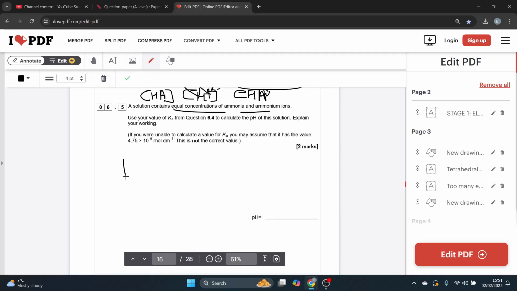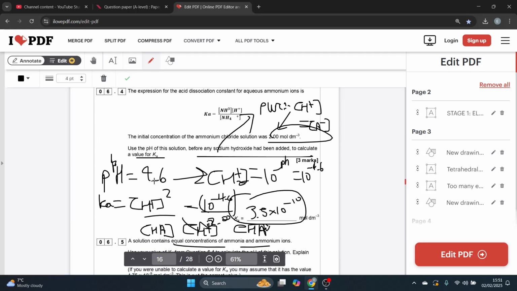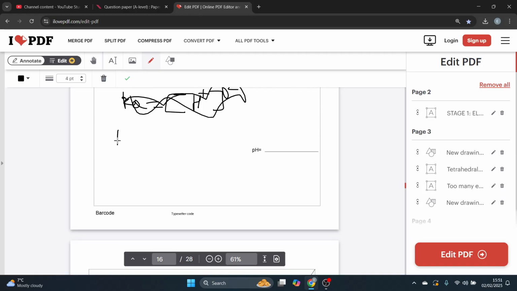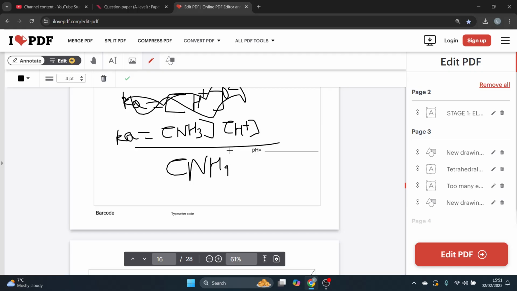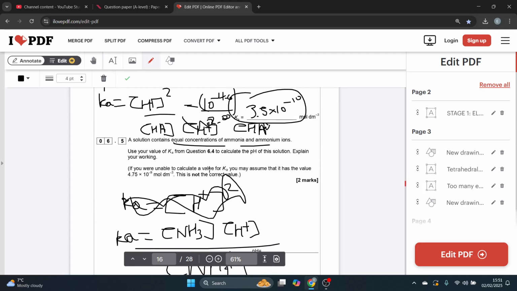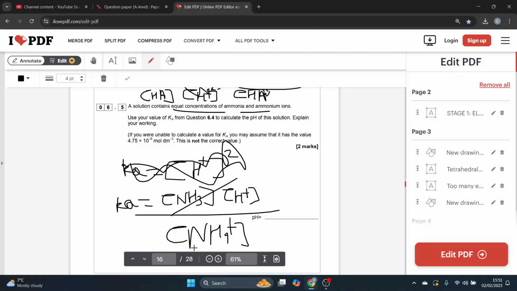Ka in the given equation equals the concentration of NH3 times H plus over NH4 plus. And it tells me in this question part, equal concentrations of ammonia and ammonium ions, so they cancel out since they're equal.